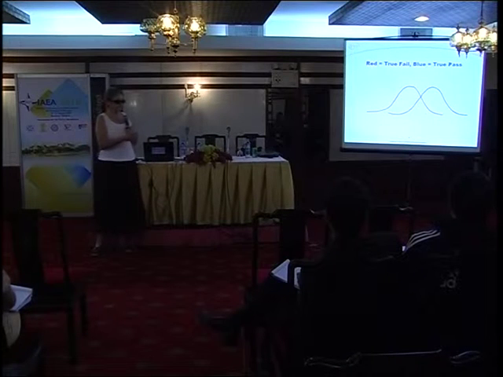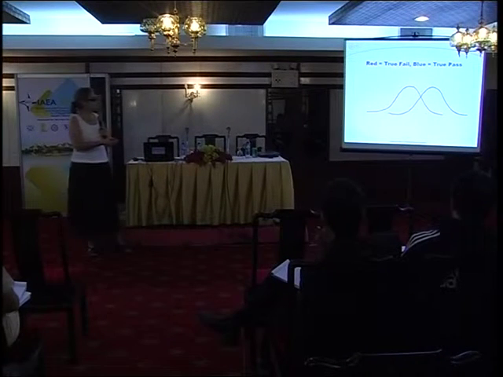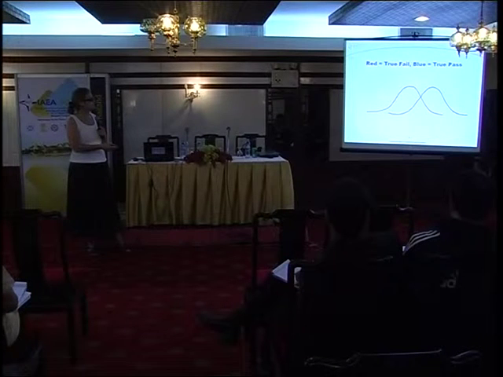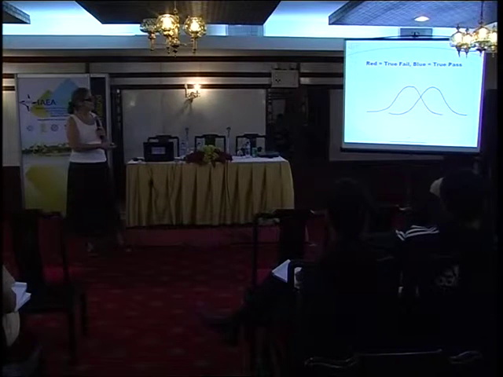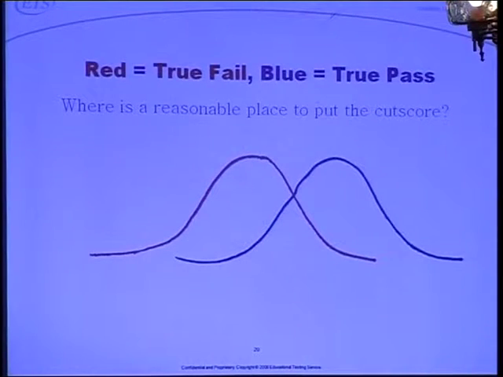So let's say that we do know we are God, and we know that these people in the red really should fail the test, and these people here should pass. Now, there's a distribution of people in each case because there are errors of measurement. Somebody might have been tired when they took the test. Someone might have, by luck, known the answers to a certain group of questions, but if they took another test in a week, they wouldn't know.